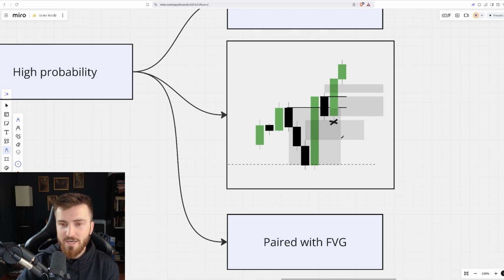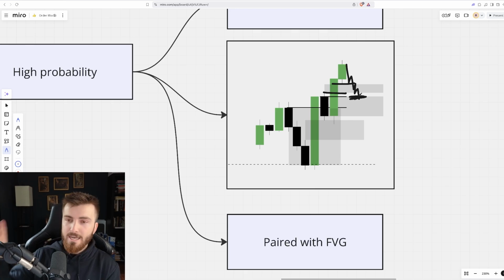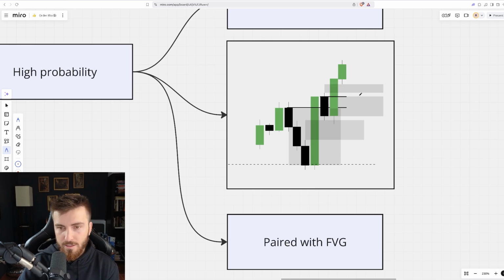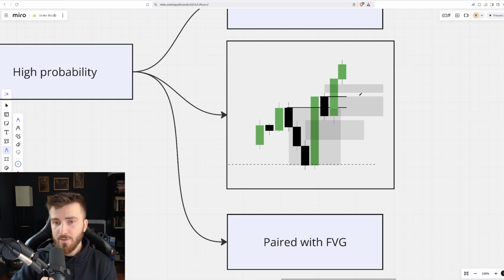And then I also have right here the example of a continuation one where we have a fair value gap. And if the market comes all the way back down, you expect a quick reversal from here, right? Because let me ask you, why do you think we would want a reversal from here?